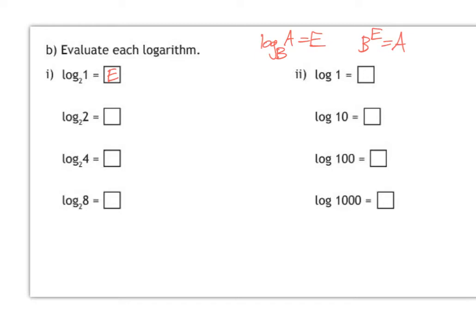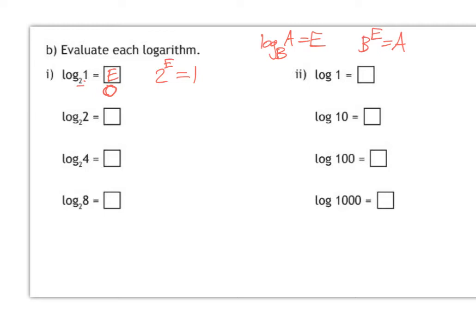So if I rewrite this as an exponential expression, that would be my base 2 to my exponent e is equal to my argument 1. And I know that something to the power that equals 1 has to be 0. That first one would have an answer of 0.